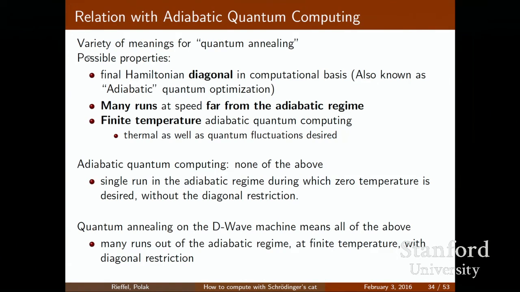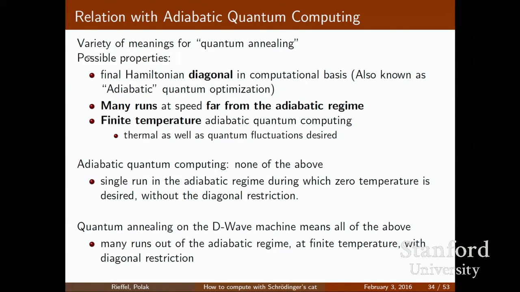But quantum annealing, which we generally view as being applied to optimization problems, though some people use it as just a synonym for adiabatic quantum computation, but they shouldn't, in my opinion, has a final Hamiltonian with a specific form which is mapped from a classical cost function. And again, instead of being in the slow regime, we're doing many runs in the fast regime.